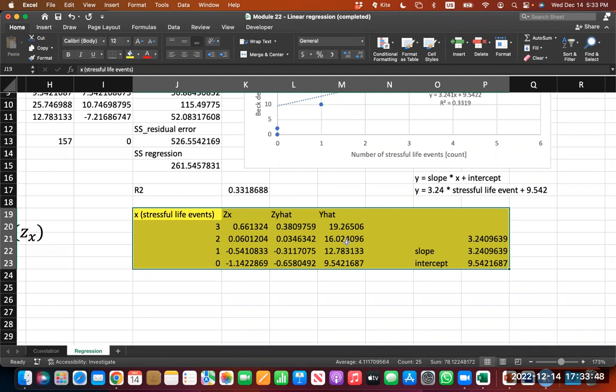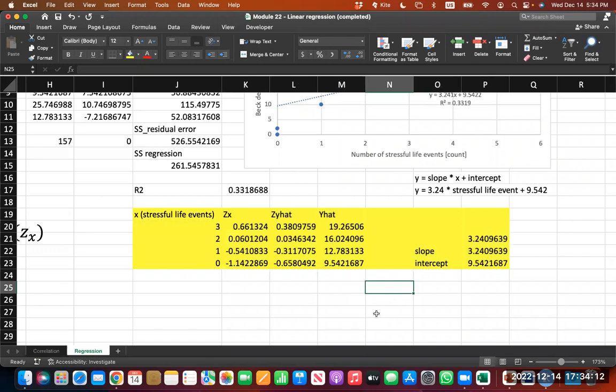The only thing you need now to determine your intercept and your slope is to take the value at 0. That's your intercept because x equals 0 there. And you need the difference between x equals 1 and x equals 0. That's your slope. So it's that simple. Alternatively, you can also do it differently. Hypothetically, you can also calculate it.